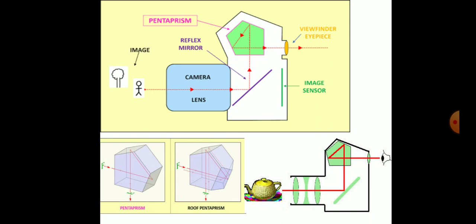So basically the mirror is at a 45-degree angle, and whatever the lens is observing is reflected through the pentaprism, and the pentaprism is also making an image. On the left-hand side below, the pentaprism is diagrammatically explained, showing how it functions.